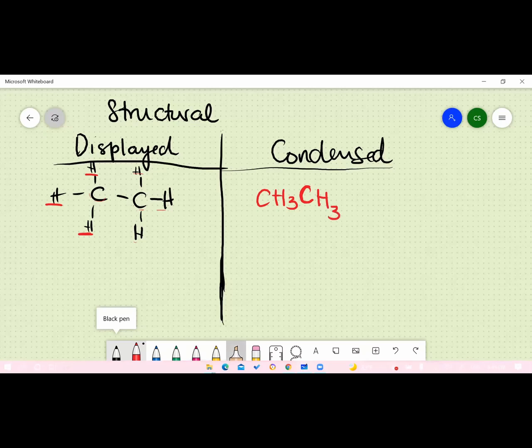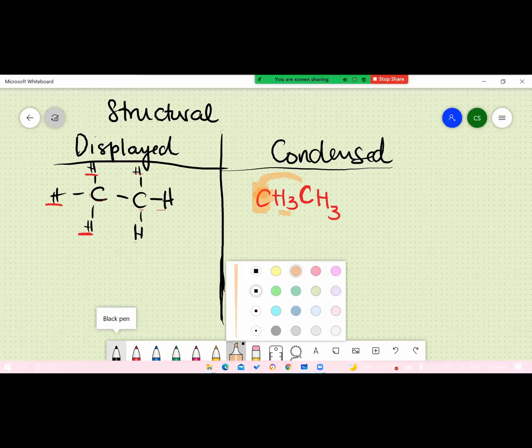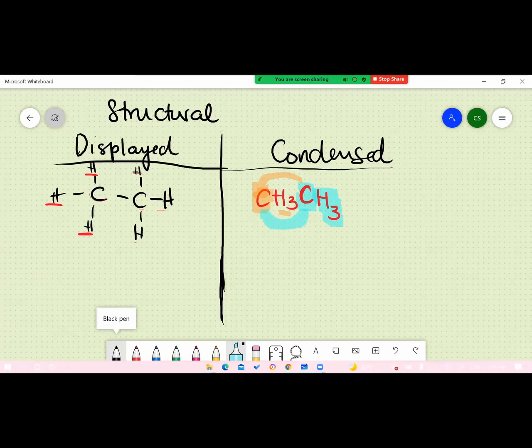So this is telling me that on this carbon, I have 3 hydrogens and 1 carbon atom attached. And on the other carbon atom, I also have 3 hydrogens and 1 carbon attached. Okay? So that would total the 4 bonds. Understood? Understood. Yeah.